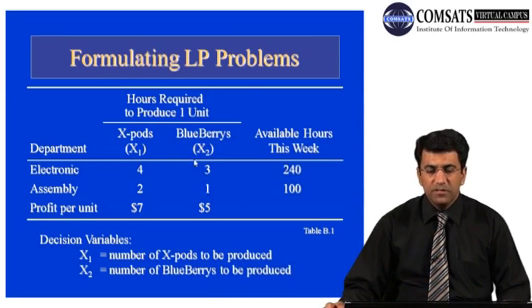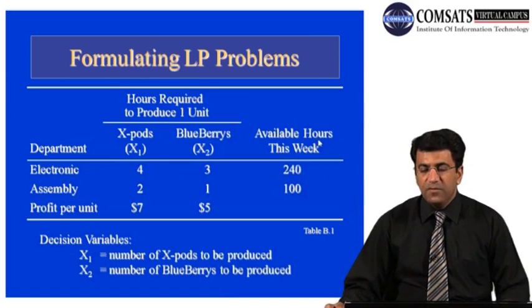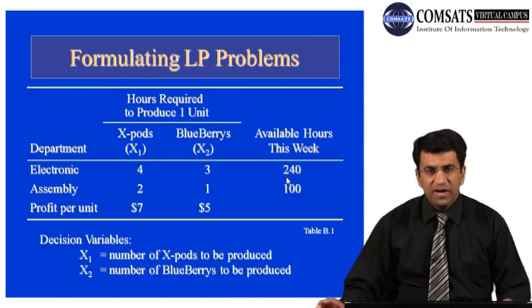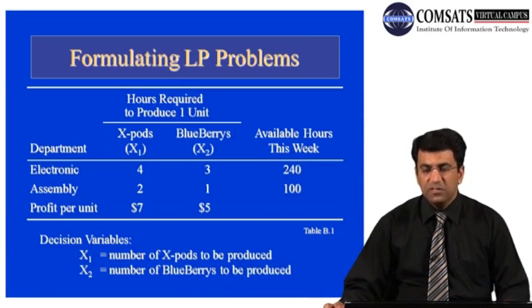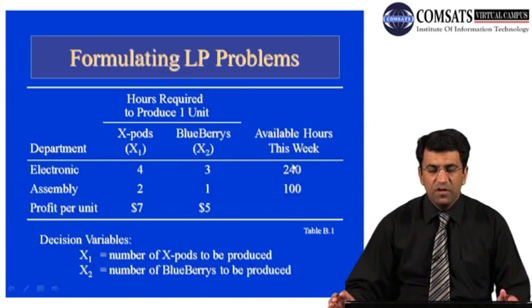Here are the available hours this week: per week you cannot do more than 240 hours of electronics work on either product, exports or blueberries. So these are your constraints; you cannot work beyond this limit of working hours.